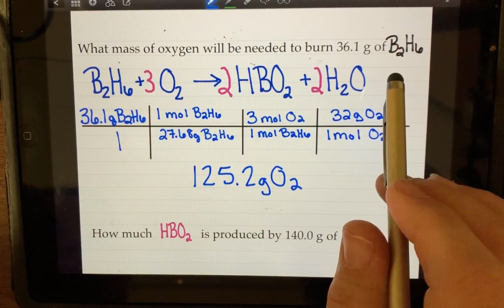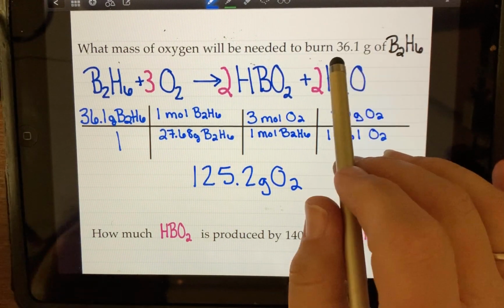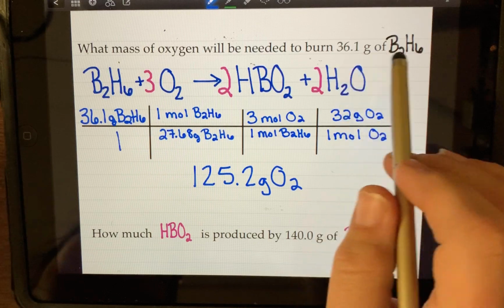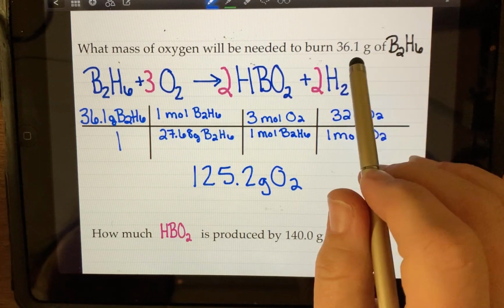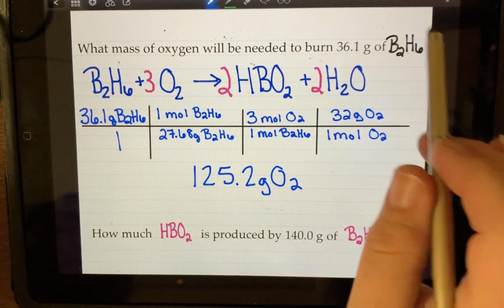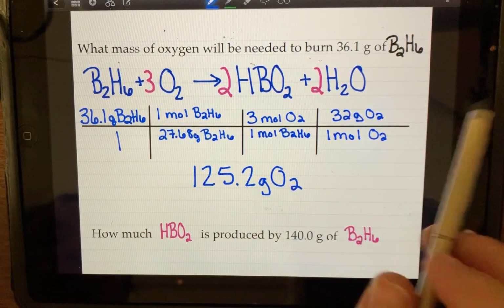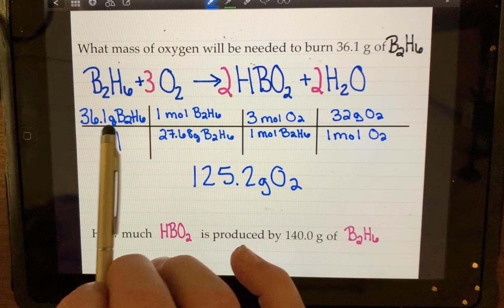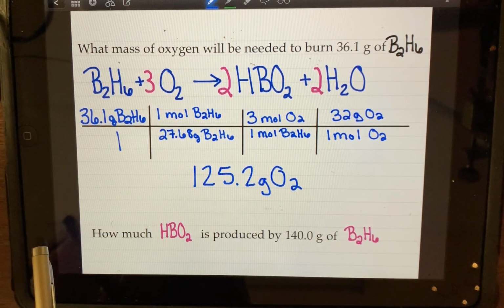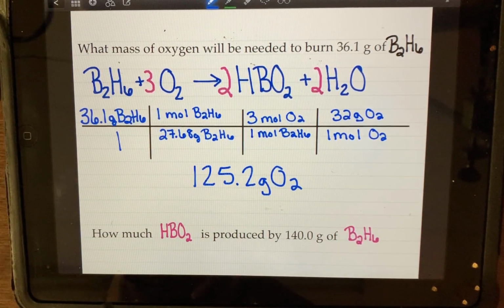Just like we've done before, I gave you an amount, 36.1 grams. I'm starting with that, just like always. Again, railroad tracks, 36.1 grams B2H6 over 1. So we're starting the same as we've done before.